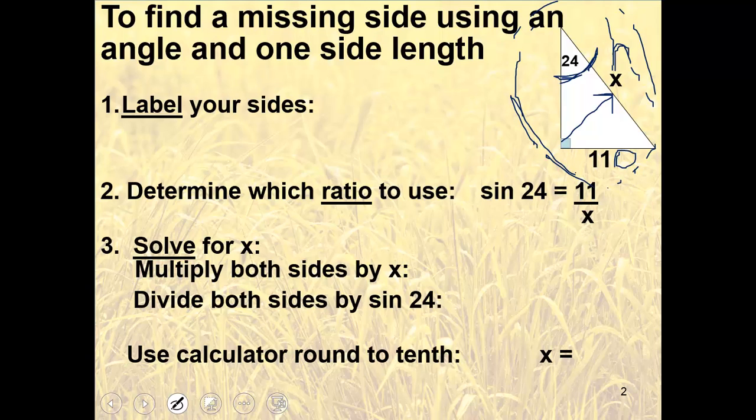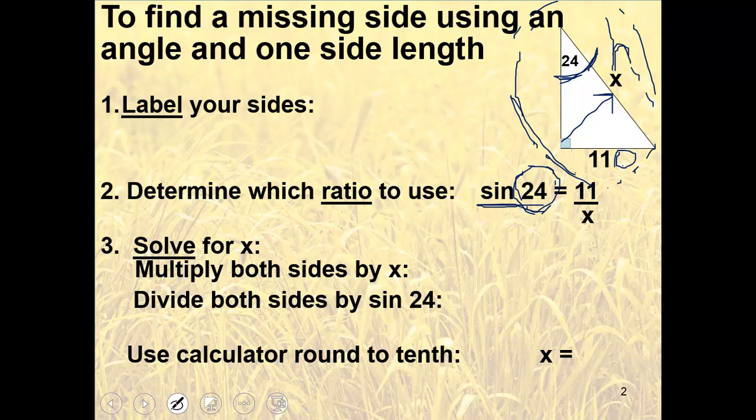Now, I'm given an angle, the side opposite, and I'm looking for the hypotenuse. So which trig function uses a ratio of opposite over hypotenuse? Well, that's sine. Now, instead of writing an angle A, B, theta, beta, we're actually going to plug in a degree value.